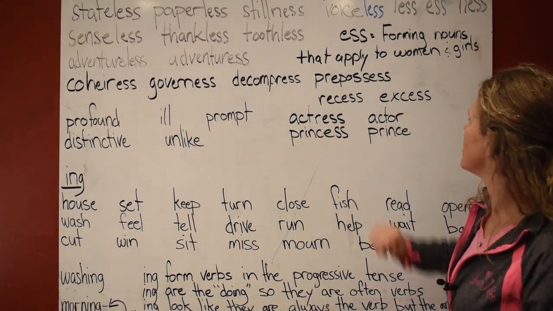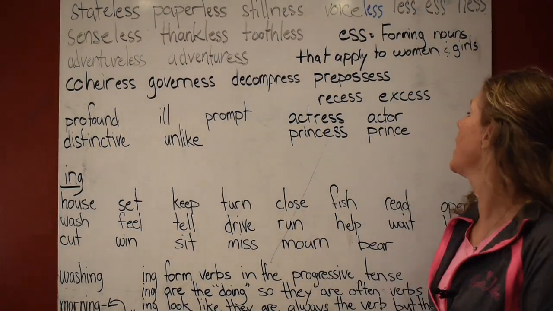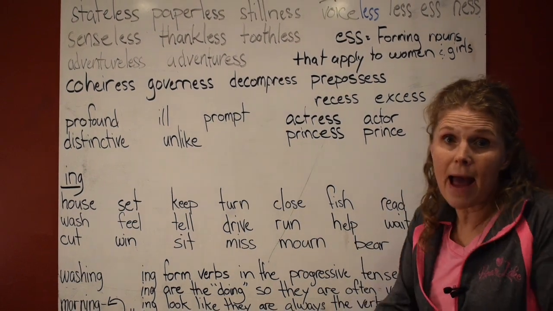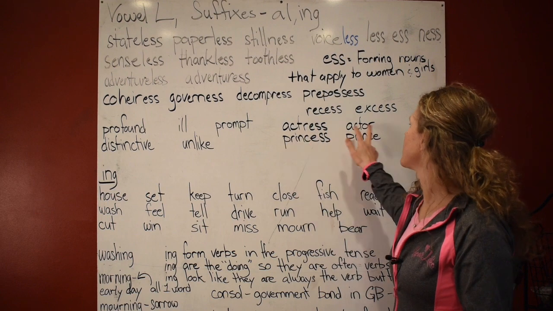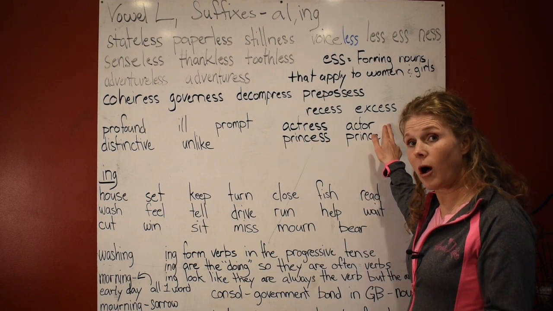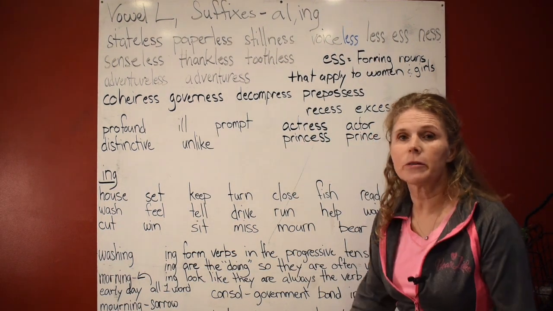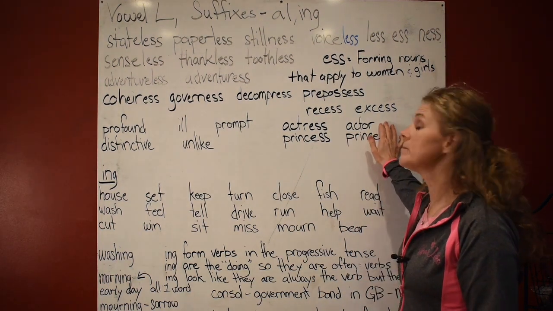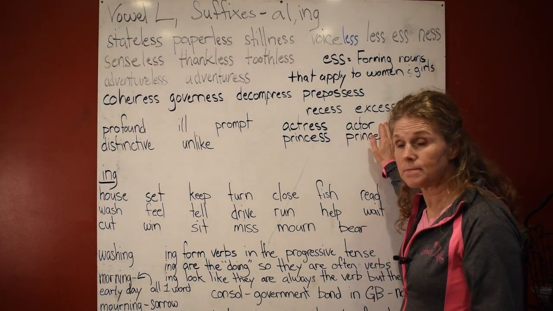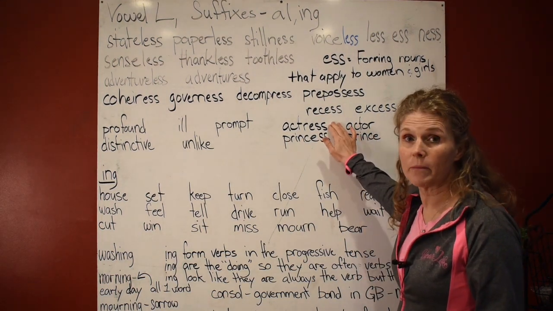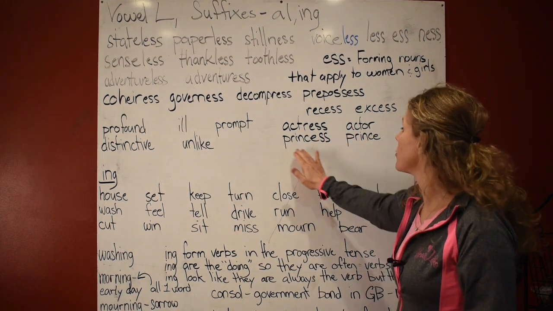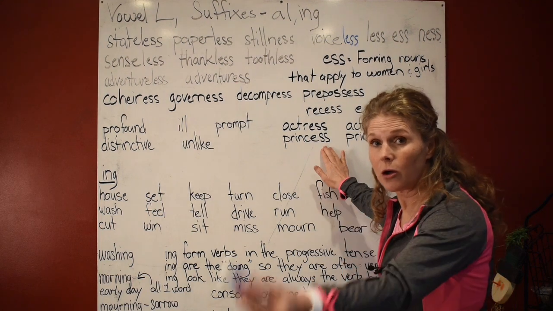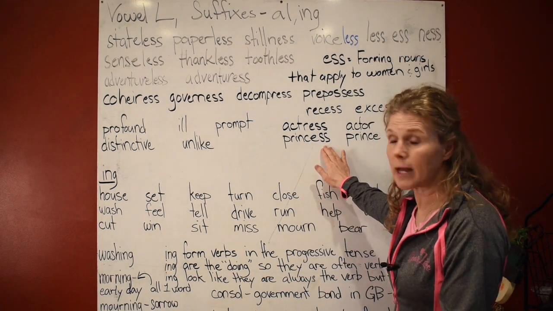Now we have actress, that means a woman that acts, and an actor, that means a man that acts. But in our culture, we are actually starting to get away from this. So oftentimes, and it just depends on the person, everybody is an actor. And we're moving away from this. But this, we are not moving away from. Princess means a girl that is a princess.